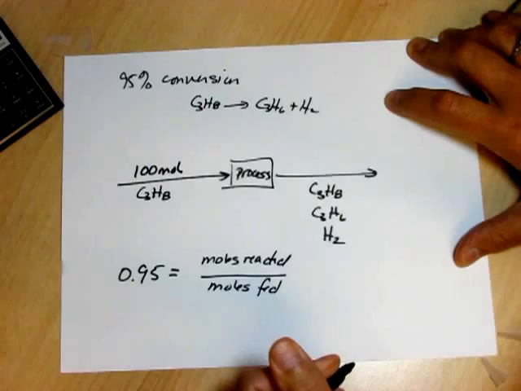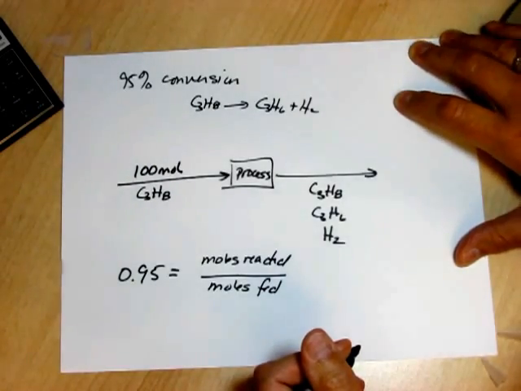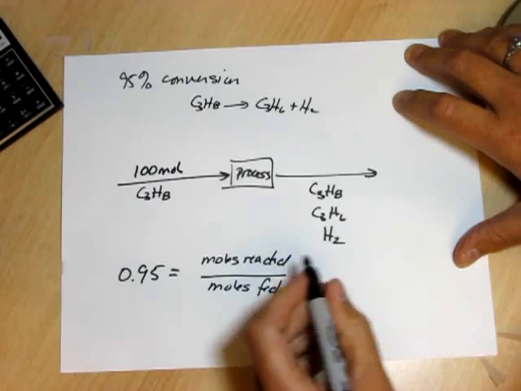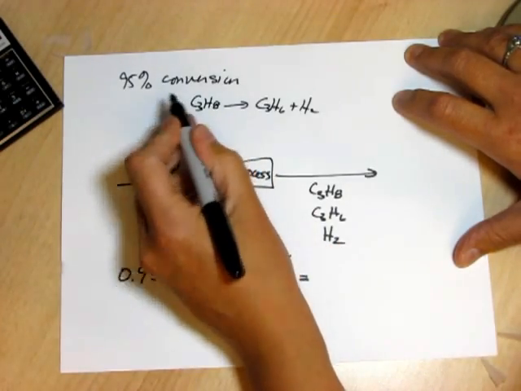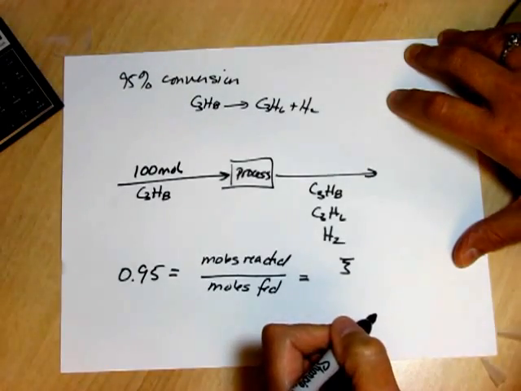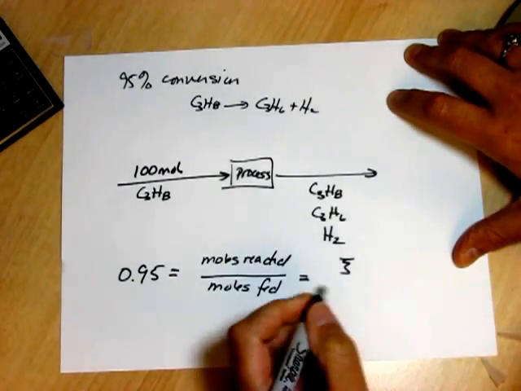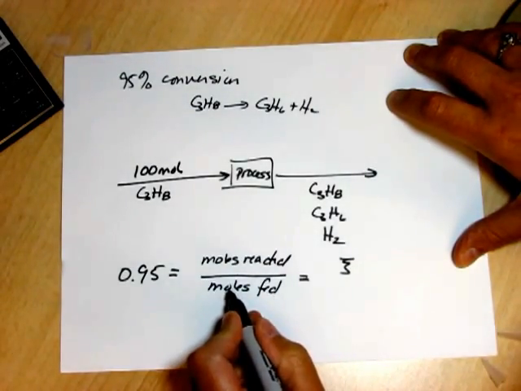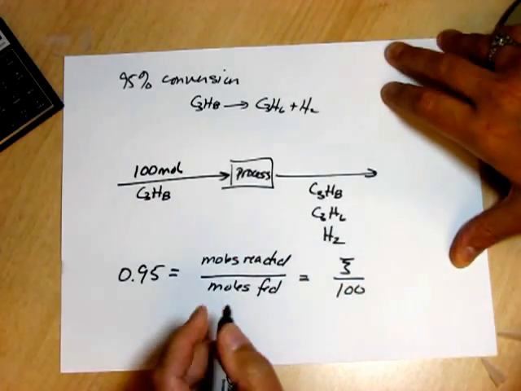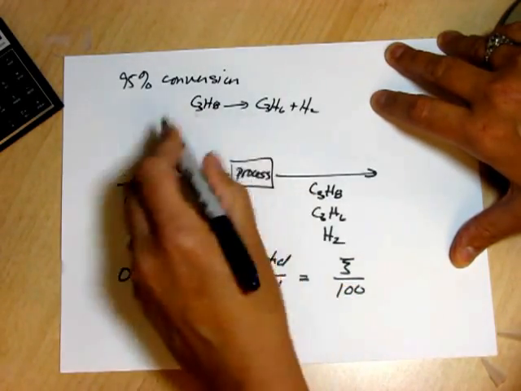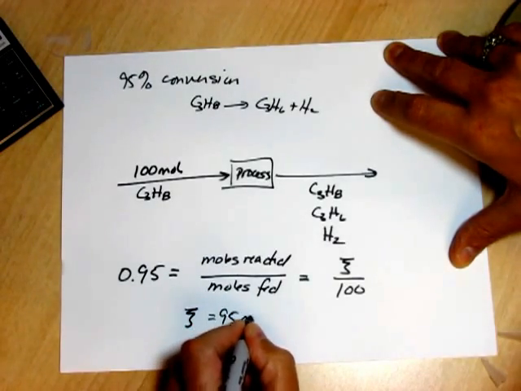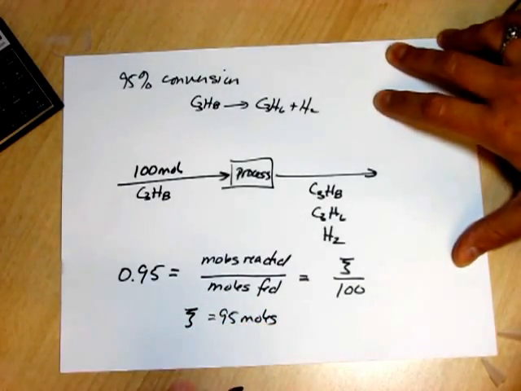And I like to use the extent of reaction when I do reaction problems. And in terms of extent of reaction, moles reacted is the stoichiometric coefficient of the quantity of interest times xi, the extent of reaction. Moles fed was 100. And so the overall extent of reaction is 95 moles.